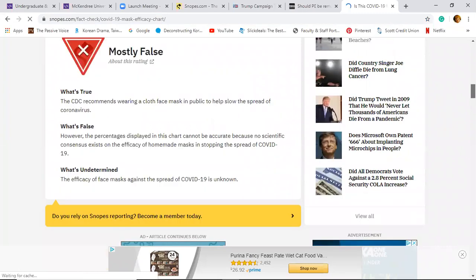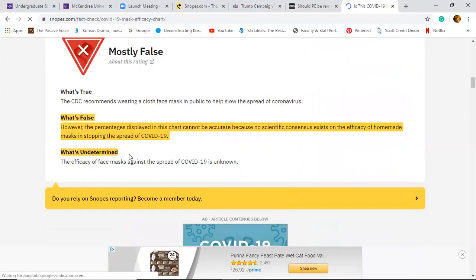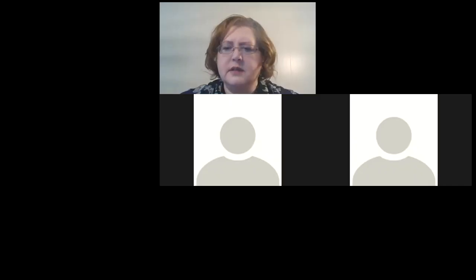So they have some made up percentages, right? The percentages displayed in the chart can't be accurate because no scientific consensus exists on the efficiency of the home mask stopping COVID. Yeah, because they haven't studied it yet, right? I mean, they can guess, but they don't know for sure what the statistical evidence would be.